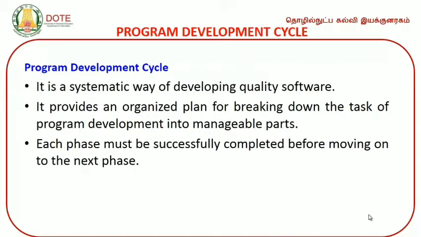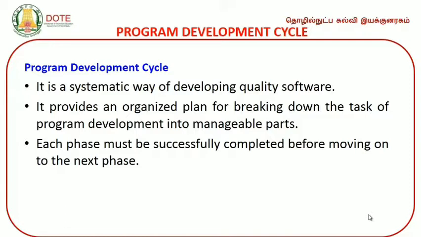So, program development is a systematic way of developing software. We develop software or a program using a particular computer language. This is a systematic way to express our ideas, to give instructions to the computer.